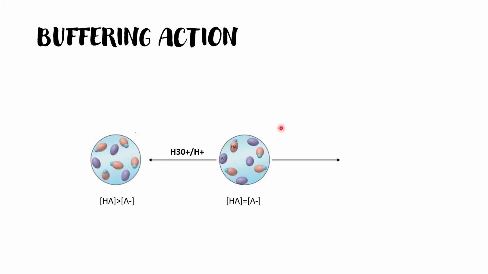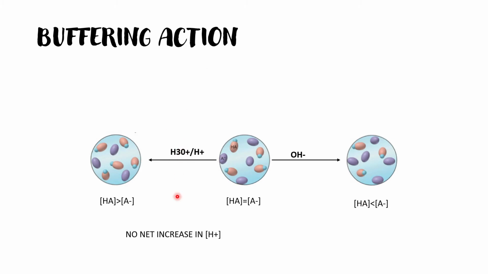On the contrary, if we add a base into the system, the acid dissociates into the proton and a conjugate base. So after the reaction there is more of the conjugate base and a lower concentration of the acid. So even after the addition of the acid there is no net increase in the proton concentration, and even after the addition of the base there is no net increase in the base concentration. This is how the buffering action of a buffer works.